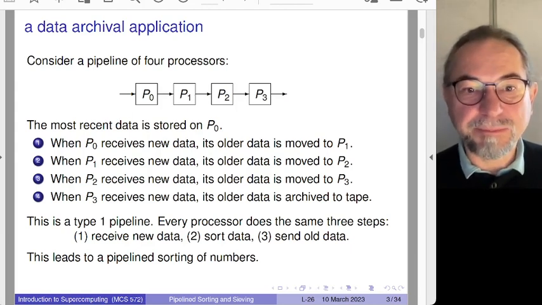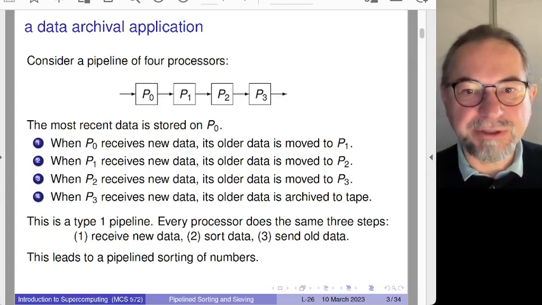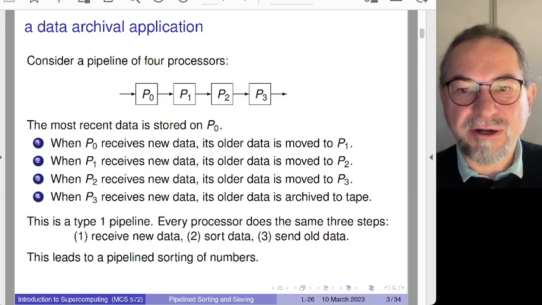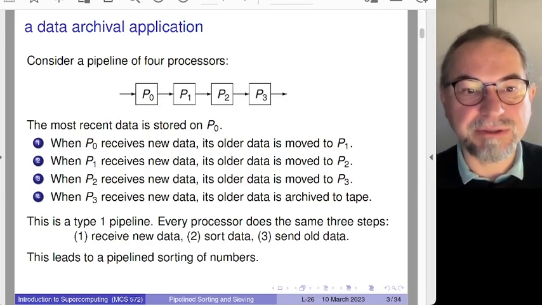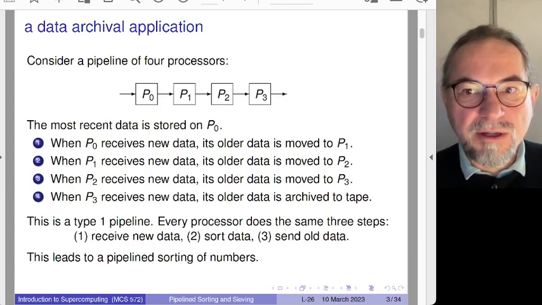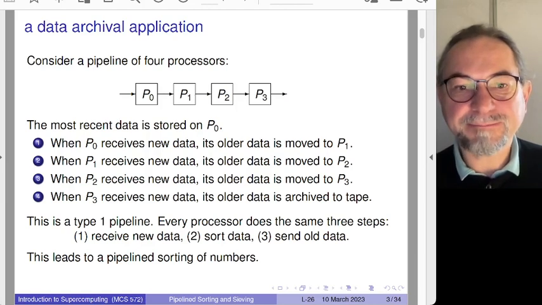At the very end of the pipeline, one can say that the oldest data is discarded, but here one can say archived to tape. And archival could also be just simply a printout. This is one application of pipelining.